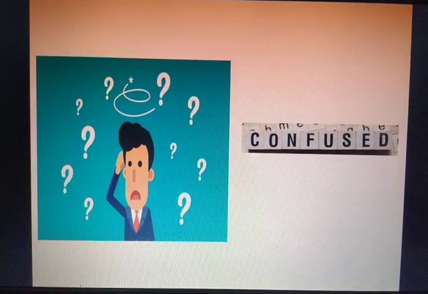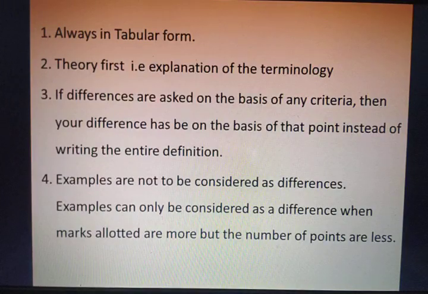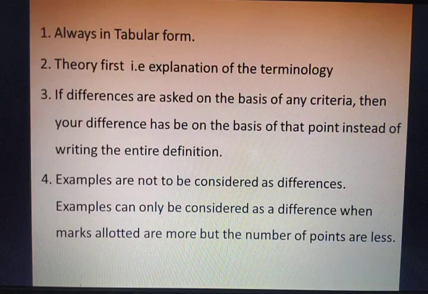Confused, right? Okay, so let's try it out to remove the confusion. The first point is tabular form. Always write differences in tabular form, in tables. The second, theory will be first.